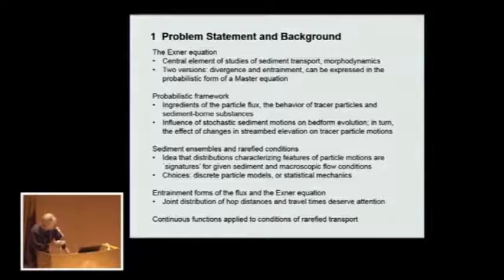In appealing to a statistical mechanics perspective, and in particular if we are thinking about the possibility of rarefied conditions, particle mechanics generally suggests that we have two choices. Probably there are more, but the rule of thumb is either we must go to discrete particle models or we must appeal to methods of statistical mechanics. And so we're approaching this from the perspective of statistical mechanics.